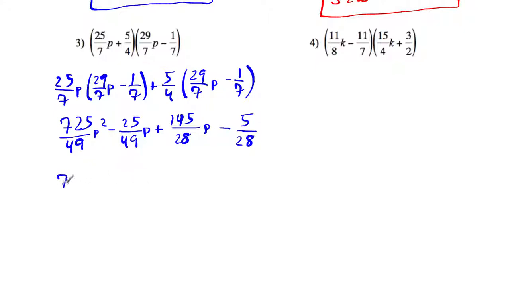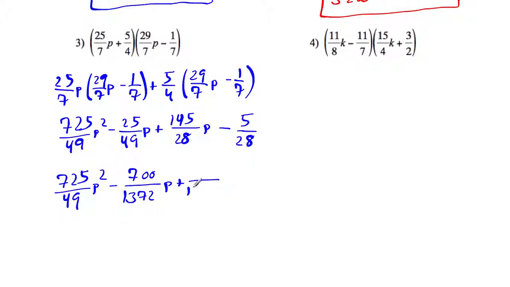For the sake of what everybody probably did, I'll just multiply them together. So here, if I multiply this by 28 over 28, so 49 times 28, that is going to be 1372p. 25 times that 28 for that common denominator is going to be 700.